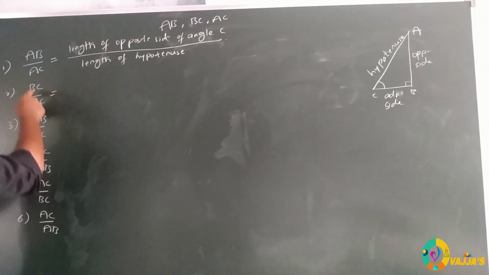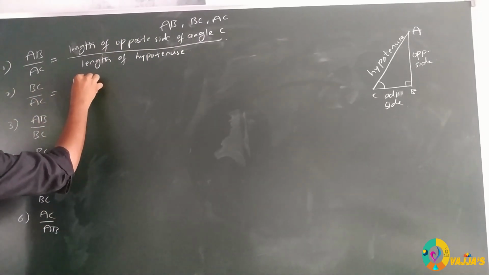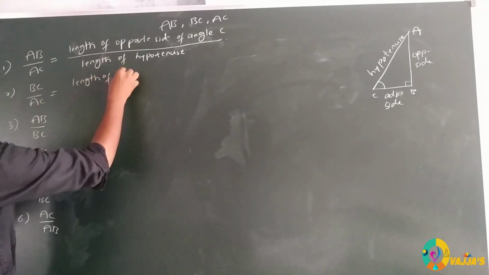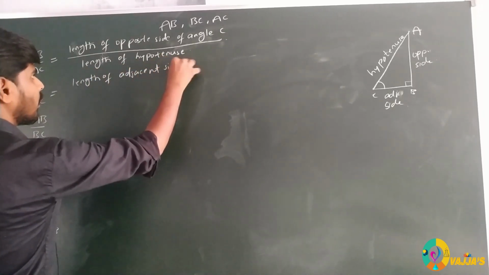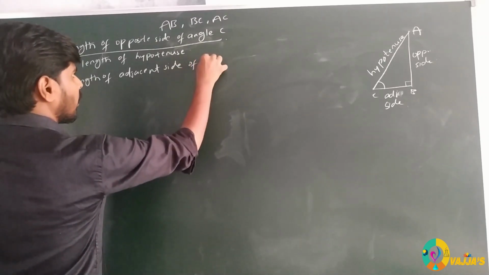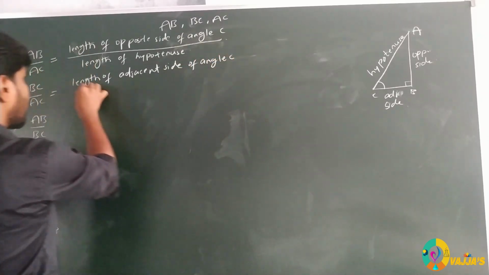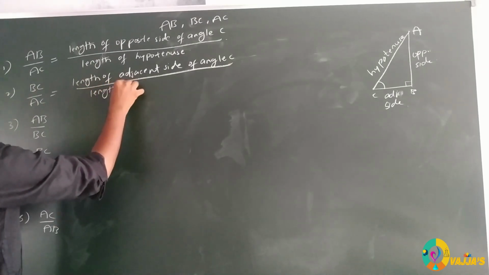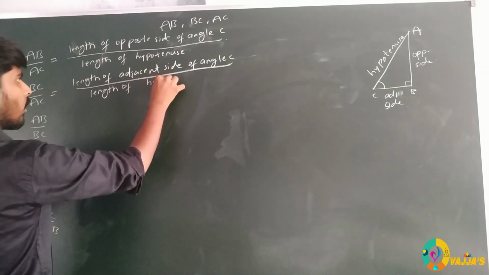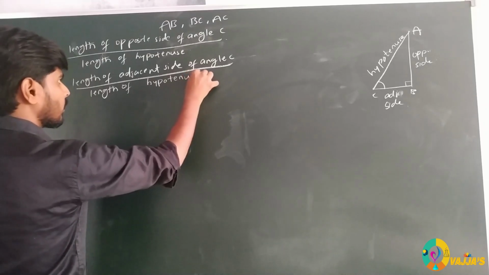What about this? BC is nothing but the length of the adjacent side of angle C by the length of hypotenuse.